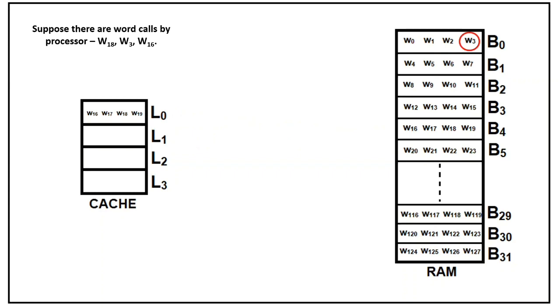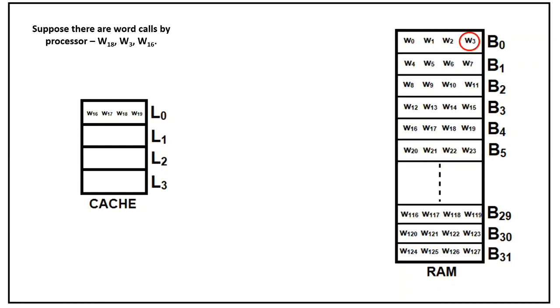And we can see from the diagram that inside cache only line L0 is occupied by block B4 and all the other lines are empty. Now the requested block is B0, and according to the formula of direct mapping, block B0 will come inside line L0.